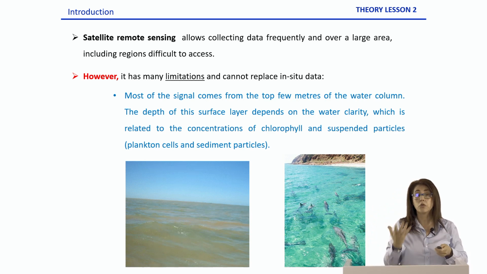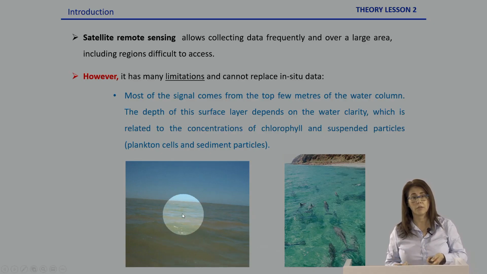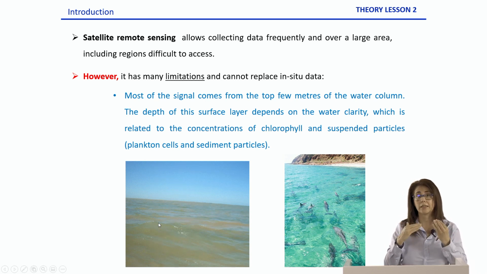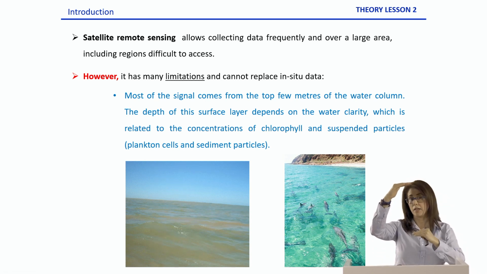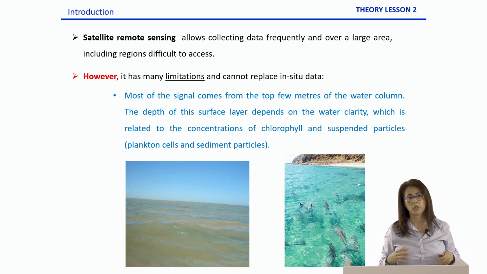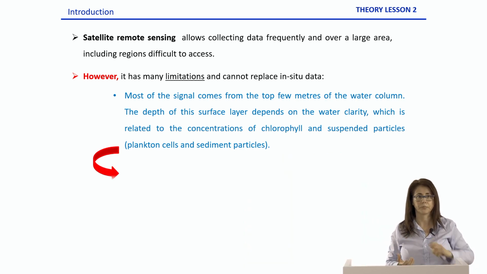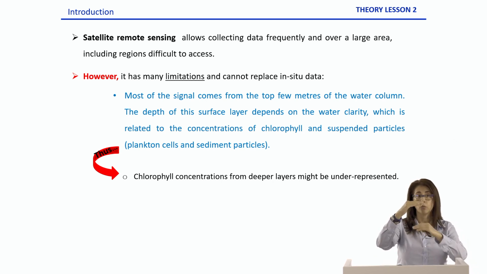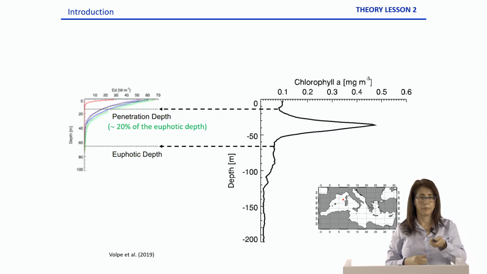However, in very turbid waters, like the image on the left-hand side, this turbidity makes the water very dark, so the satellite cannot see very much, maybe a maximum of 10 meters or sometimes even less. That means that the chlorophyll concentrations measured by satellite remote sensing will be underrepresenting the values that we find in deeper layers.